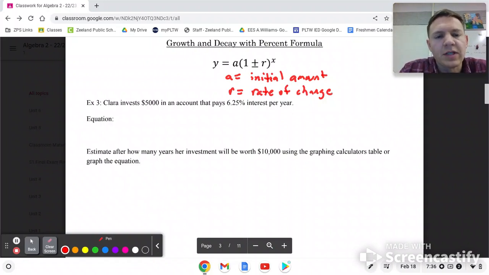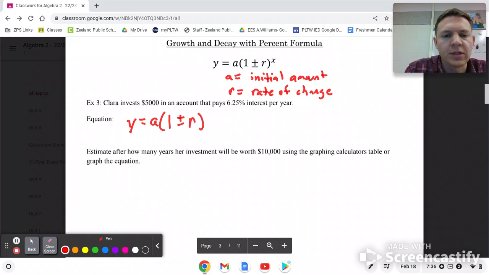So, for example, Claire invests $5,000 in an account that pays 6.25% interest per year. Okay, so let's just write this equation out. Y equals A times 1 plus or minus R raised to the X. Okay. Well, what does she start with?